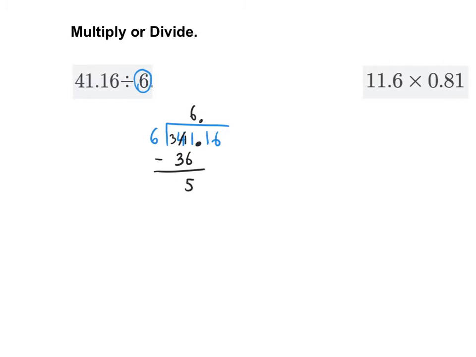If my decimal's here, I'm going to put it up top, bring that 1 down. 6 goes into 51 8 times. I'm going to subtract, bring that 6 down. 6 goes into 36 6 times. Once I get 0, I know my answer is done. Here would be my answer.